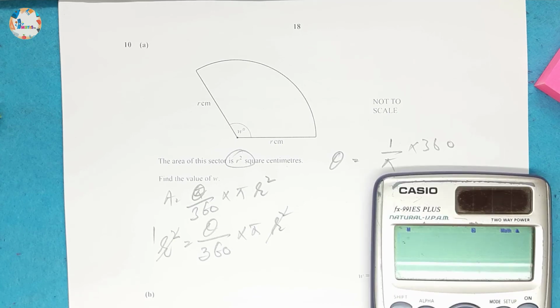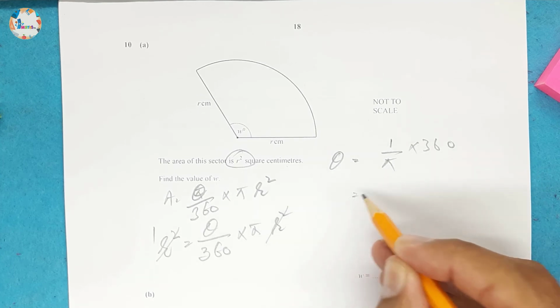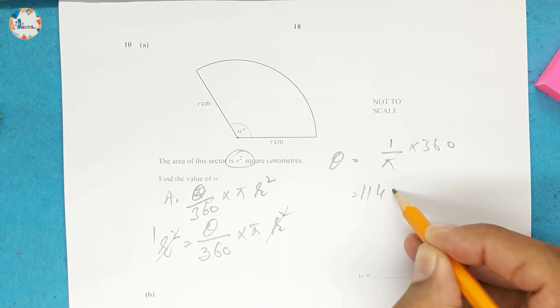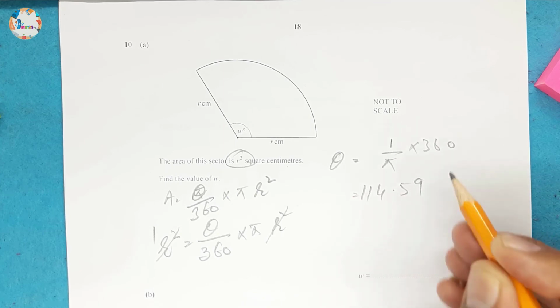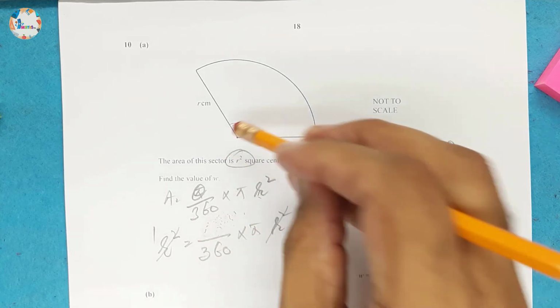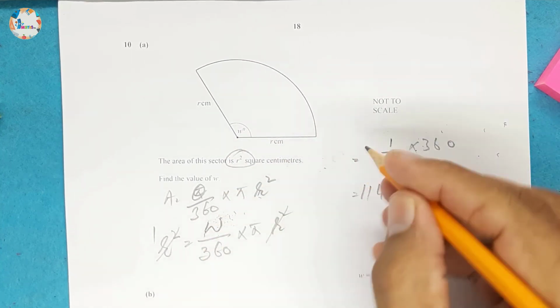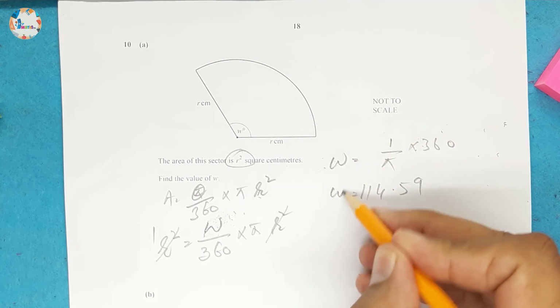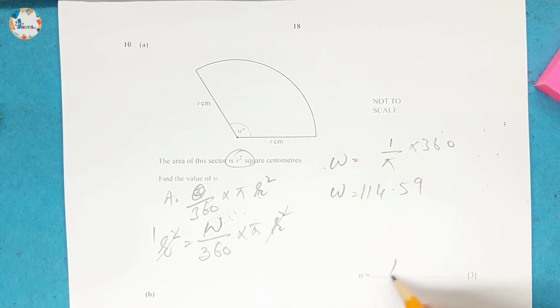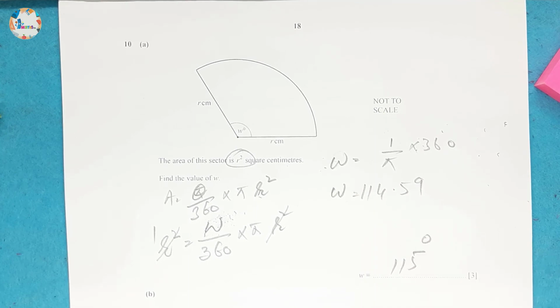We can check 360 over pi will be equal to 114.59. This is theta. Instead of theta we can write w because they have named it as w. So RW will be 115 degrees. This will be our answer for this.